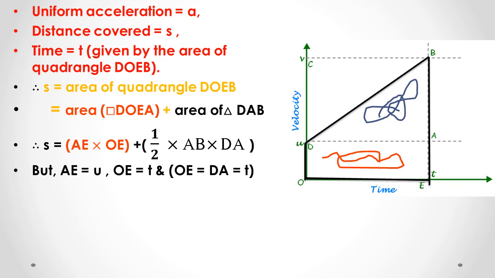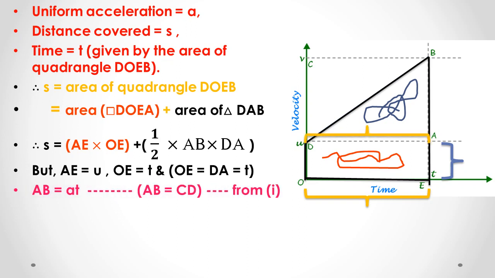This is our initial velocity, and OE is nothing but the time covered. OE is equal to DA is equal to T. This is very clear from the figure. Therefore AB is equal to what? AB is equal to AT, and AB is equal to CD. This is from equation number 1.